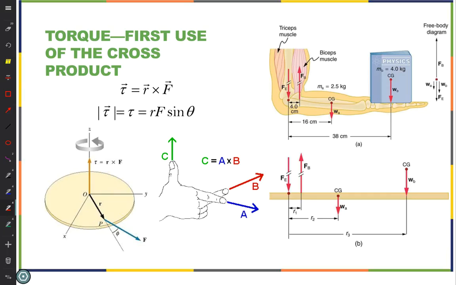So torque. Torque has an equation of R cross F. The radius crossed with force. Now, any normal person who hasn't had linear algebra, let me be a little more specific, is going to say that means radius times force. But that's wrong, because they're vectors.